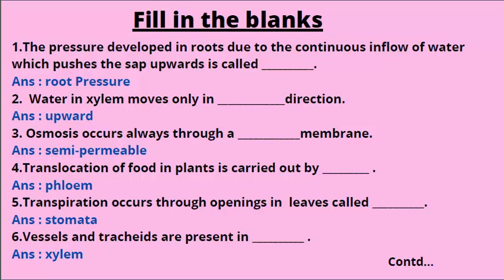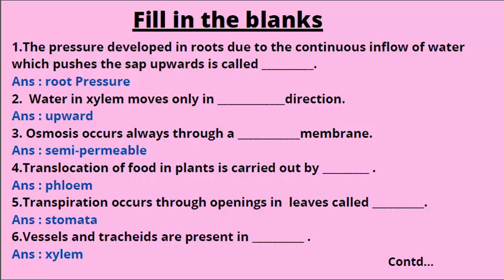This is because root pressure is the pressure which develops due to the inflow of water, that is when the plant cells, root hair cells basically, are taking up water and they develop a pressure due to this process of movement of water molecules inside them, and this pressure is known as root pressure, which helps in the upward movement of sap or water and dissolved minerals towards the upper part of the plant. So answer is root pressure.